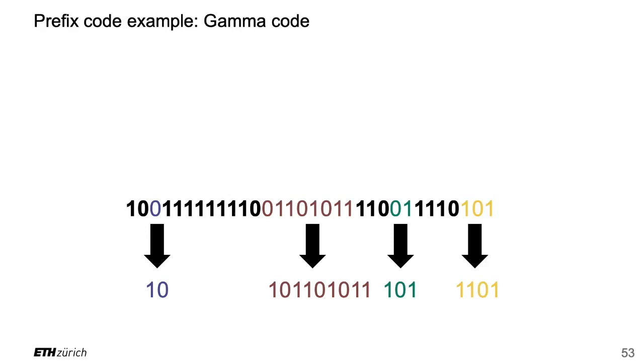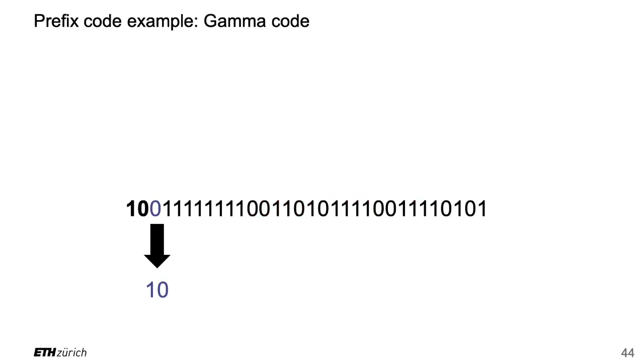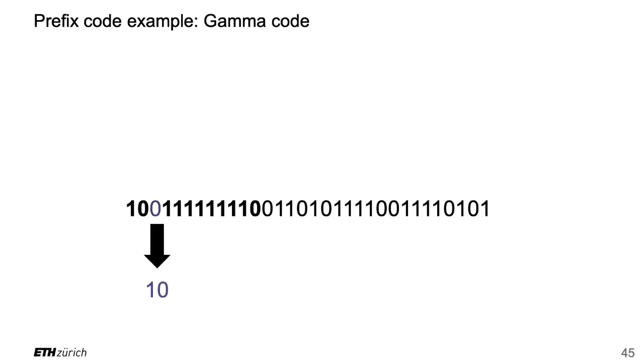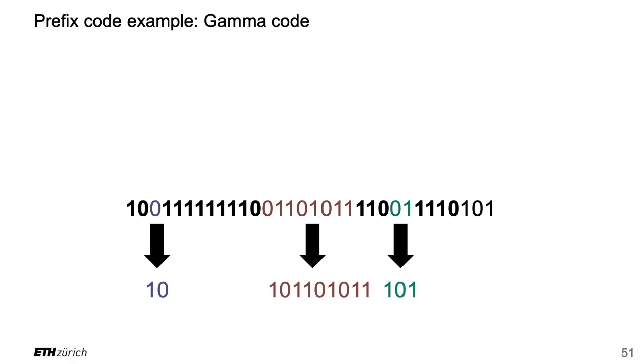You don't need to remember the details. The only thing I want you to see here is that even though I started with just a flat sequence of zeros and ones with absolutely no idea what stops when and how to read these different components, since I encoded this in a certain way, I have hints about when to stop every time. It's like magic, right? So there are ways. Again, you don't need to remember how exactly this is done here.